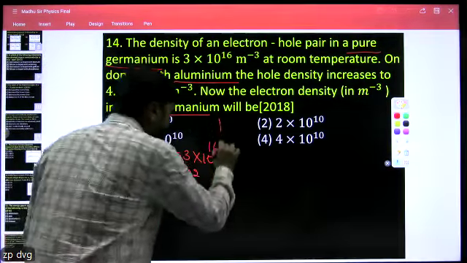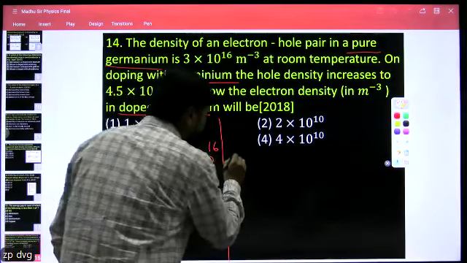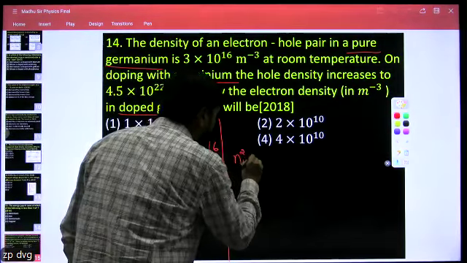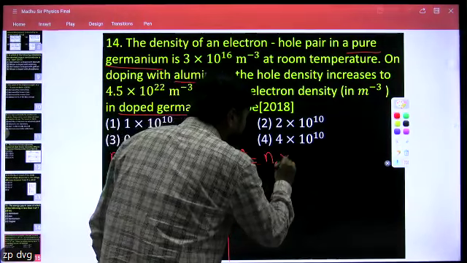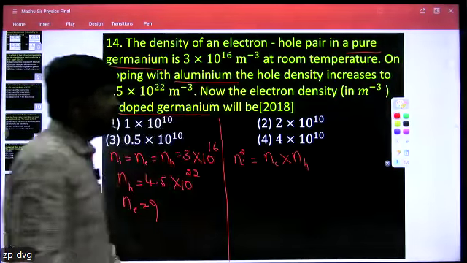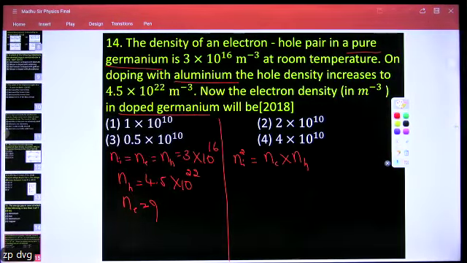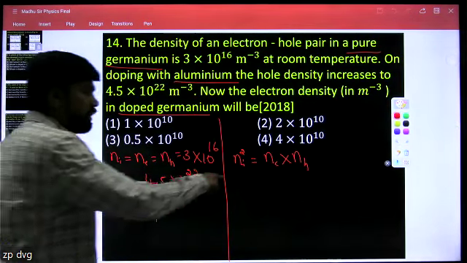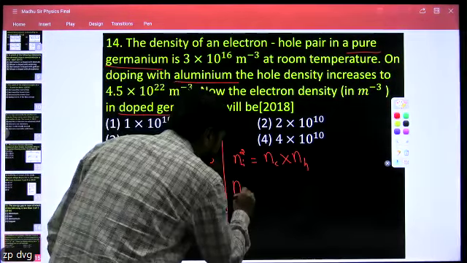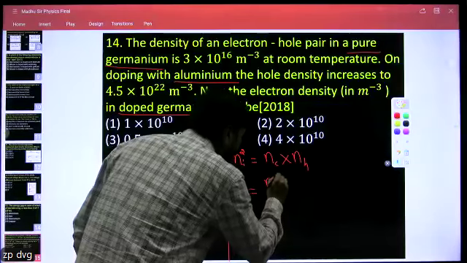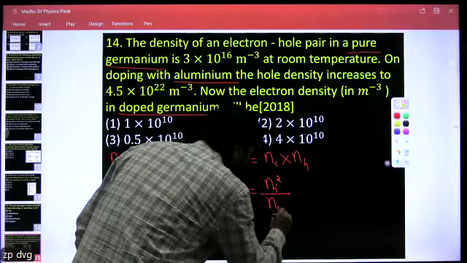In an extrinsic semiconductor, Ni square is equal to Ne into NH. We derived this yesterday. Our aim is to find Ne. Therefore, Ne is equal to Ni square by NH.